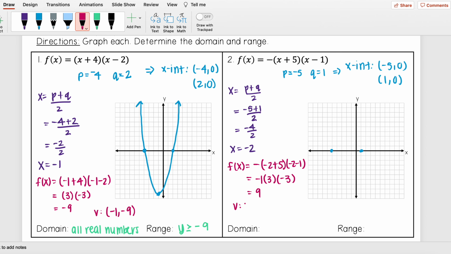And so that means that my vertex is negative 2, 9. I just draw my curve. And then lastly, domain, again, that's just all real numbers. My range, since this one's opening down, is going to be y is less than or equal to my y value in my vertex here, which is 9.